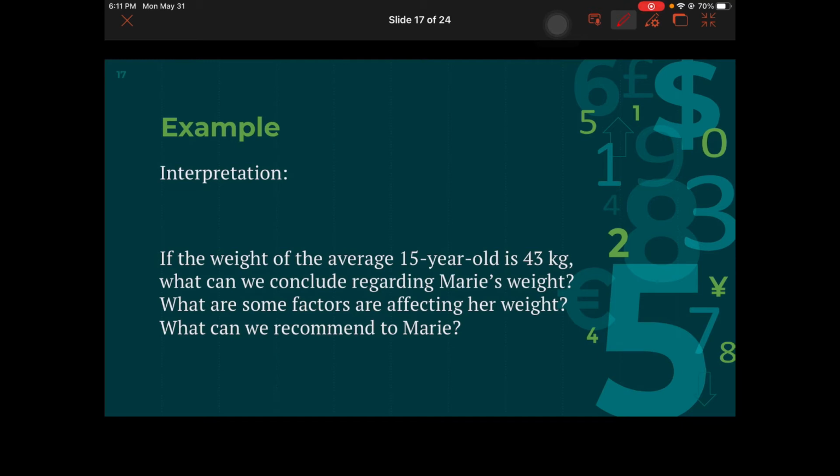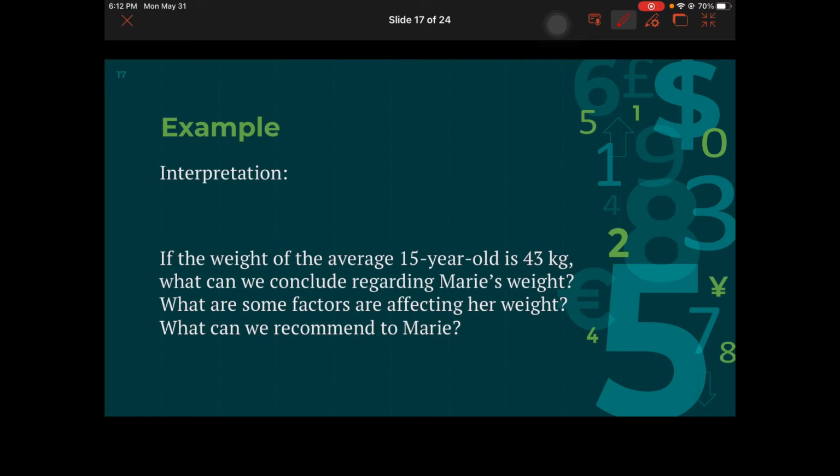So, according to research, if the weight of the average 15-year-old Filipino kid is 43 kilograms, what can we conclude regarding Marie's weight? So, kung ang average po ay 43 kilograms at 48 kilograms si Marie, so, she is slightly above the average weight of a 15-year-old.